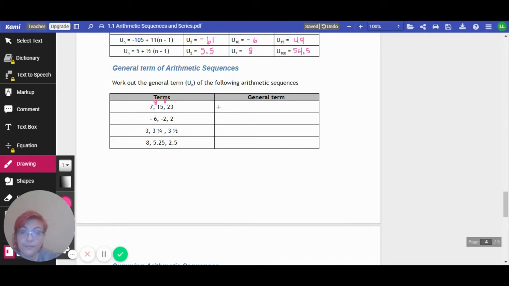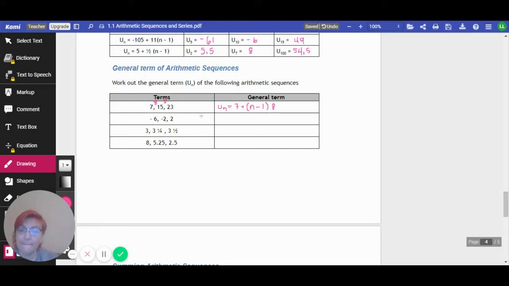So my Un is going to equal my first term, which is 7, plus n minus 1 times my common difference, which is 8.